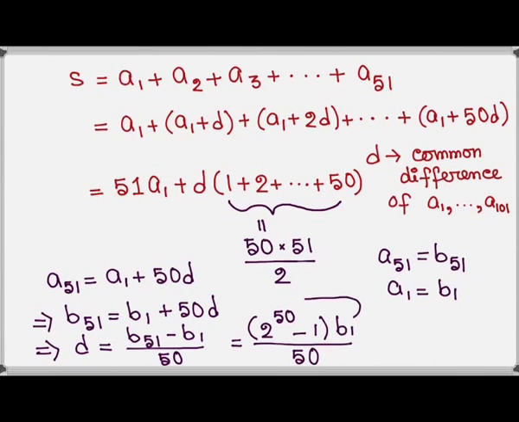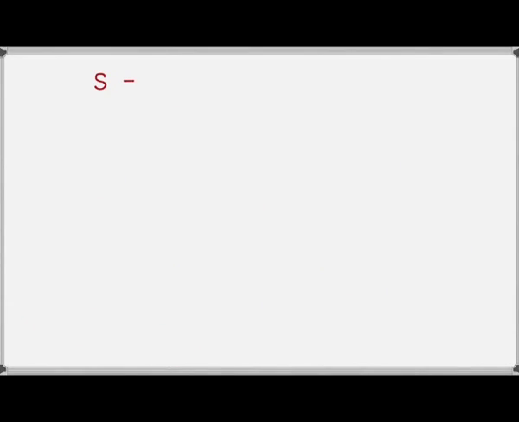Now if we substitute this value of d here, and as a1 is equal to b1, we get S is equal to 51 b1 plus (2 to the power 50 minus 1) into 51 by 2 b1.